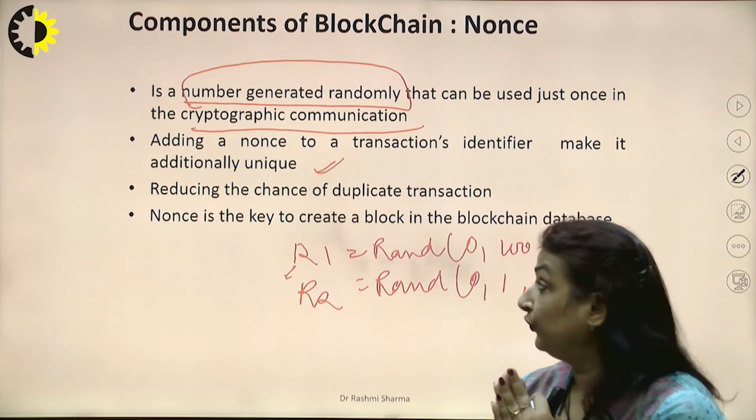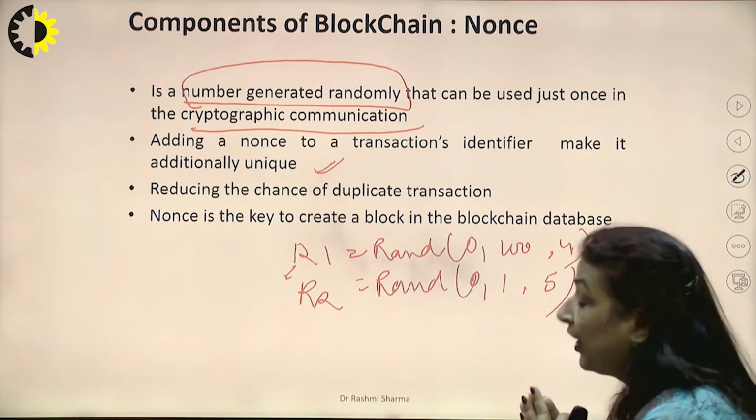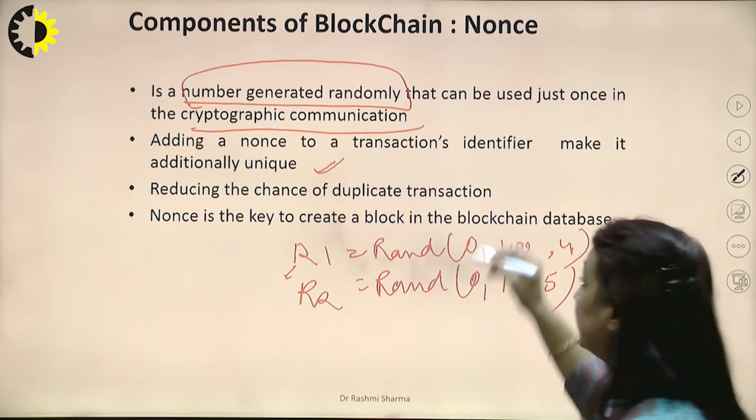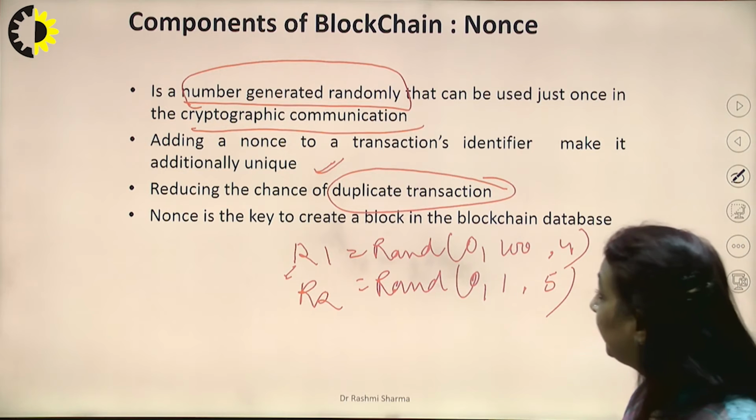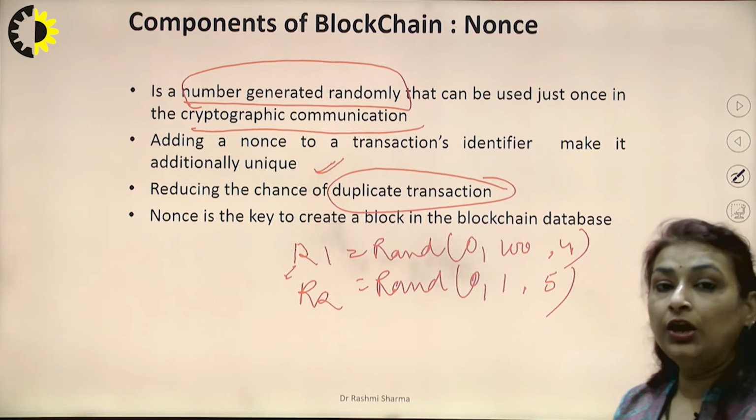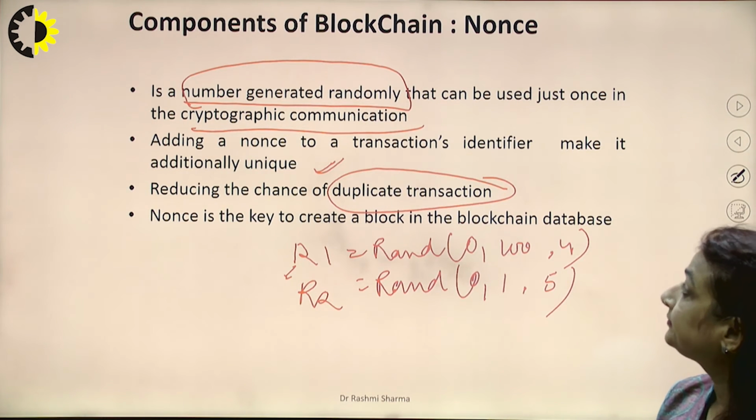So using this characteristic, we are reducing the chance of duplication of that transaction. So the nonce is a key to create a block in the blockchain along with your timestamp.